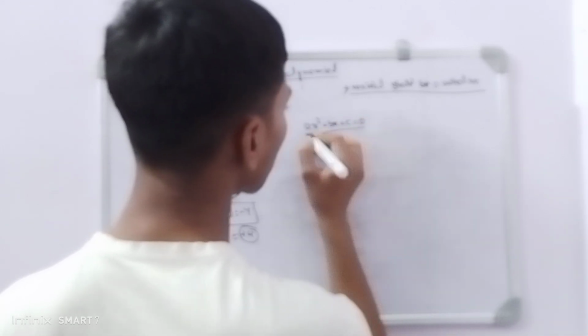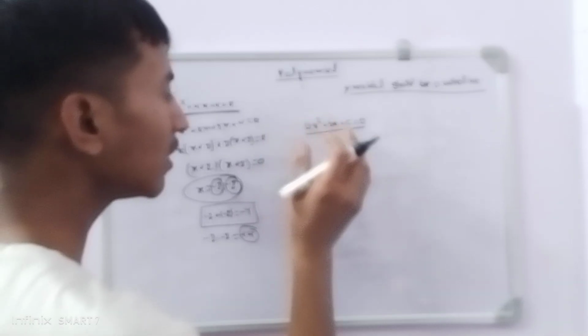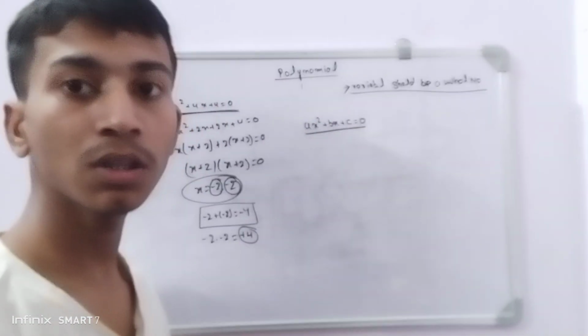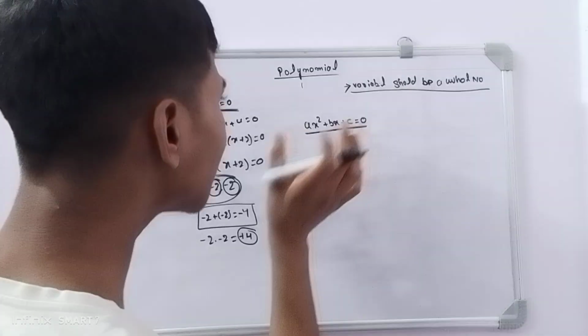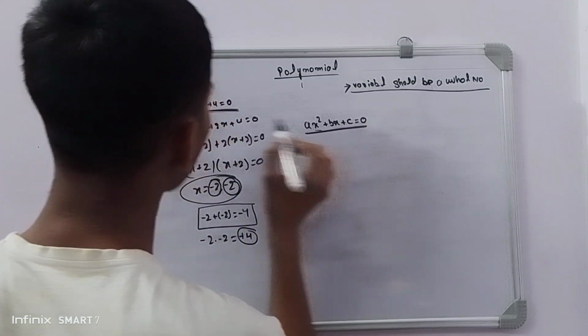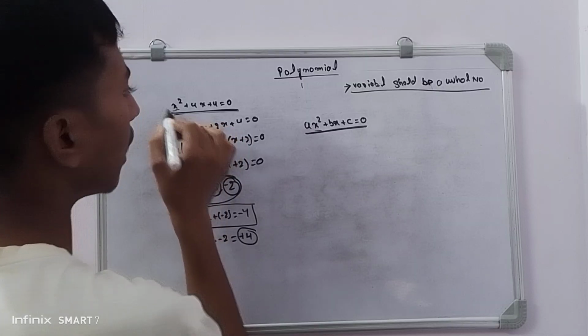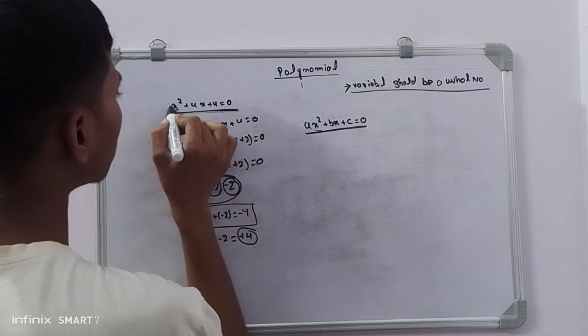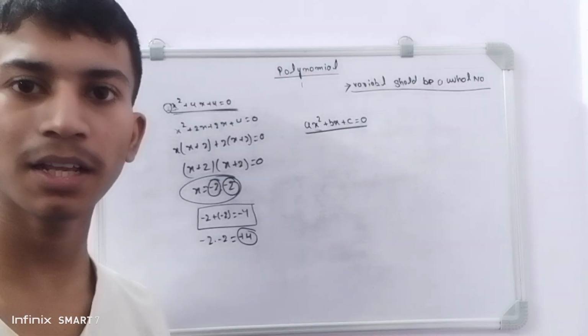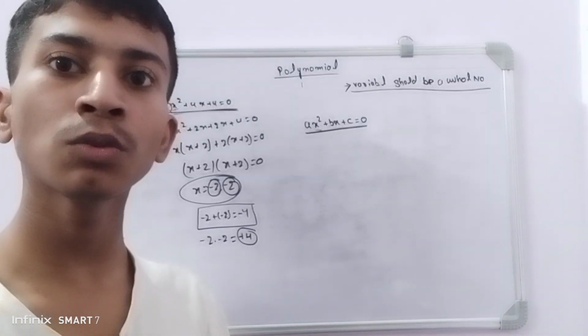This is the general form, meaning all quadratic polynomials exist in this form. We have x square here, and what is a? Nothing is written, so 1 is a, because you can do anything in mathematics if it is not affecting your function.